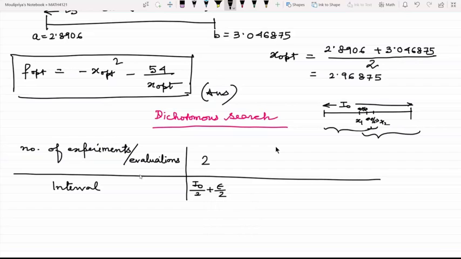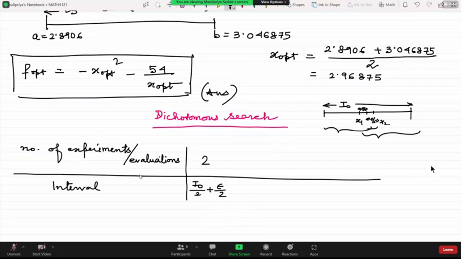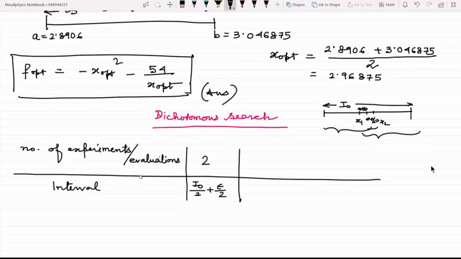আচ্ছা, তার মানে after 4 experiments, তার মানে দুটো iteration, your interval would be half of I0 plus epsilon by 2 plus epsilon by 2.